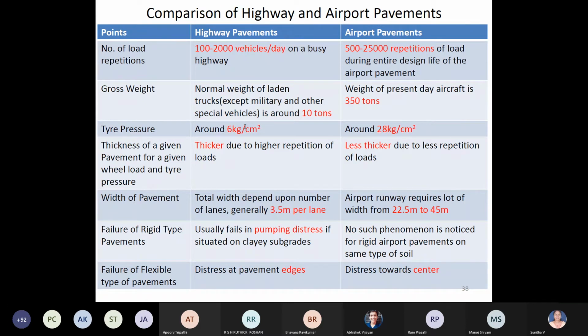Thickness: if wheel load and tire pressure are the same, you can expect more thickness for highway pavement because of more repetitions. The width is 3.5 meters per lane for a highway and 22.5 to 45 meters for runways. Failure of rigid pavement in highways is usually pumping distress, not so in airports. For flexible pavement, the distress at the pavement edges is more, and distress towards the center is more common in airport pavements.